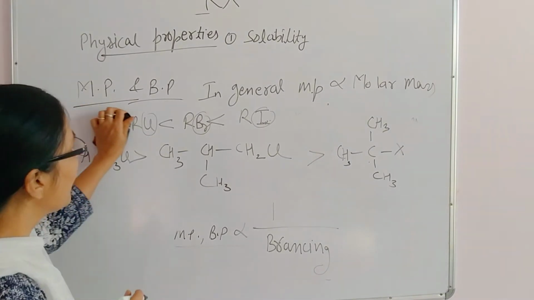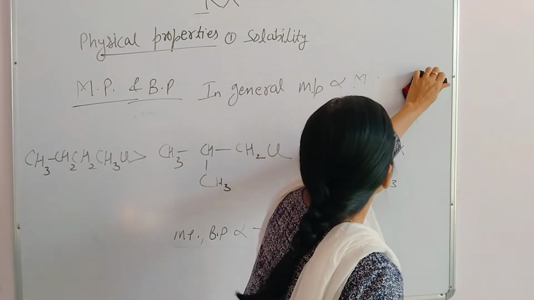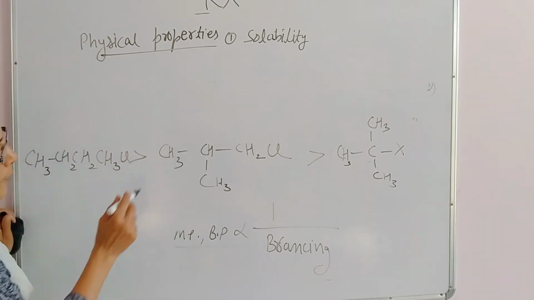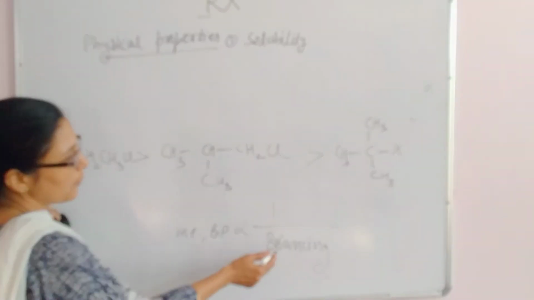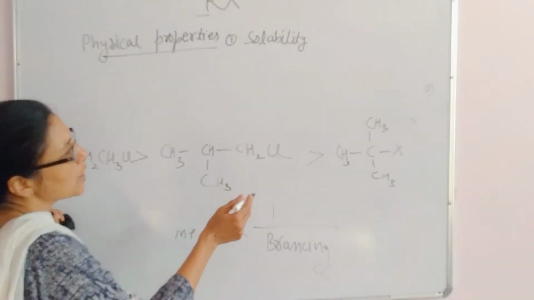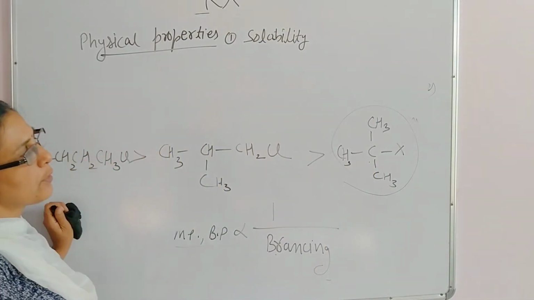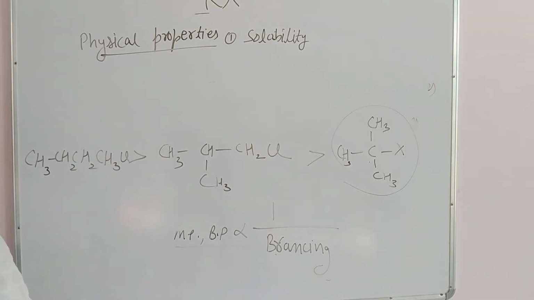Now, next about branching. I have taken three isomeric compounds. As we know, with more and more branching, the shape of the compound becomes more compact in nature.